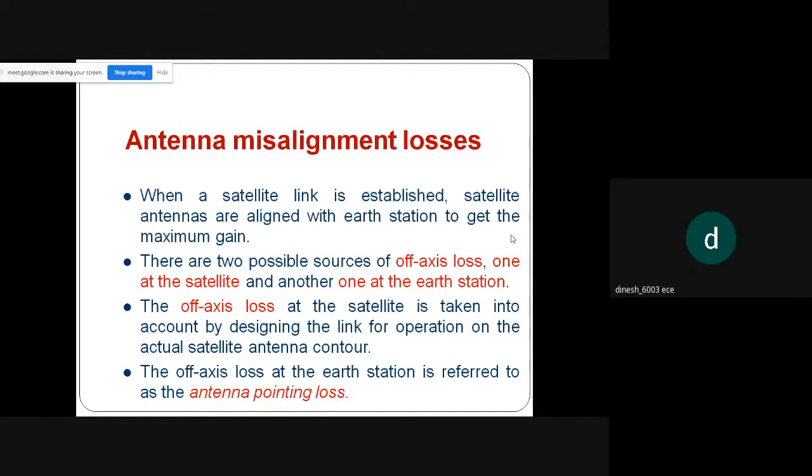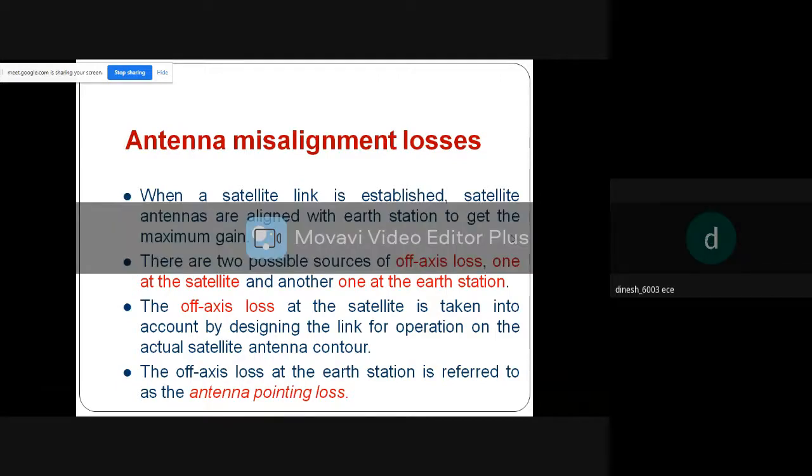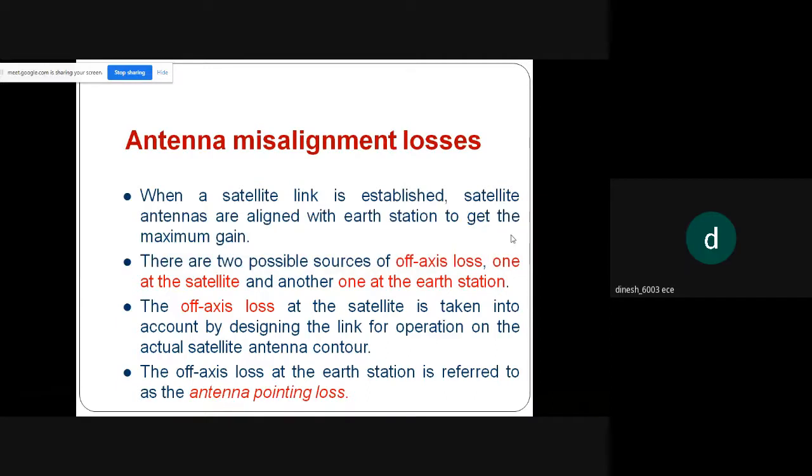If alignment is lost, we get an alignment loss. The off-axis loss at the satellite is taken into account by designing the link for operation on the actual satellite contour. And the off-axis loss at the earth station is referred to as antenna pointing loss.